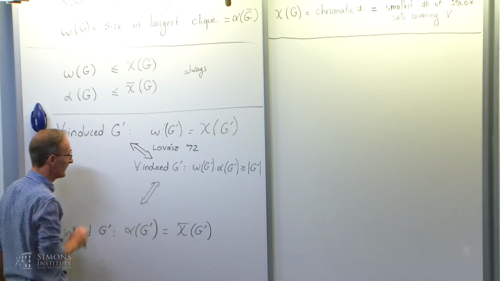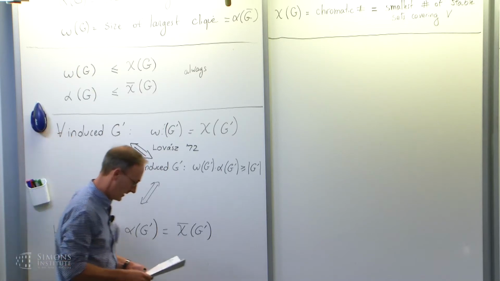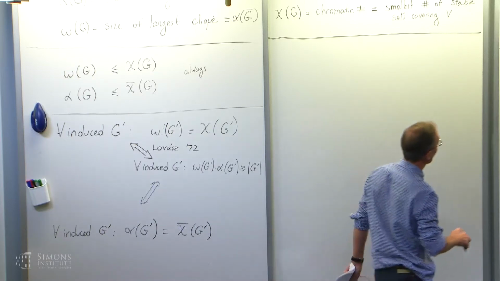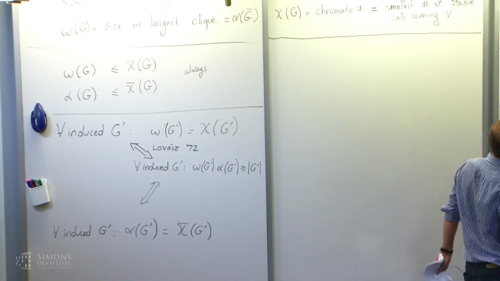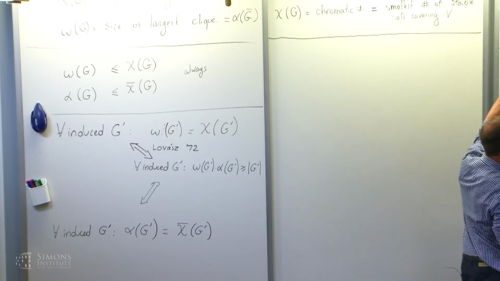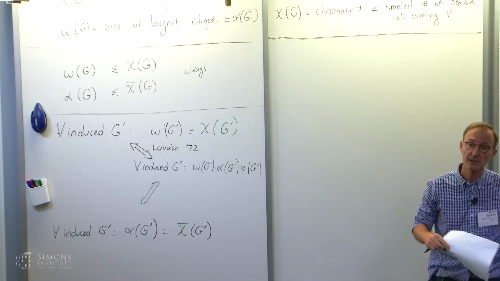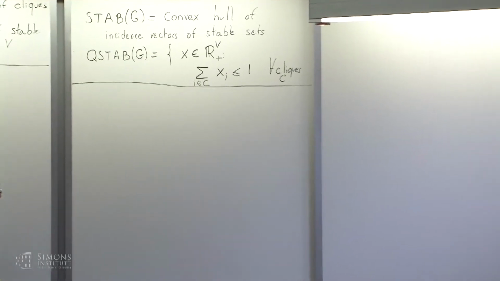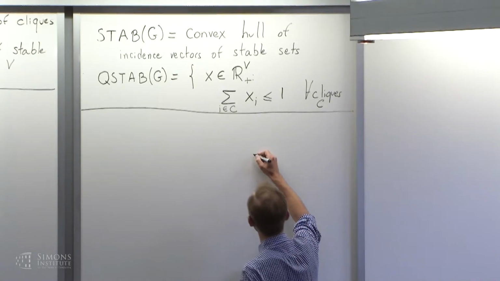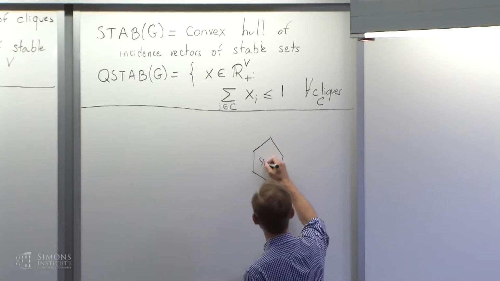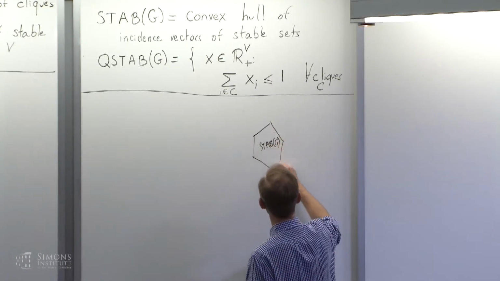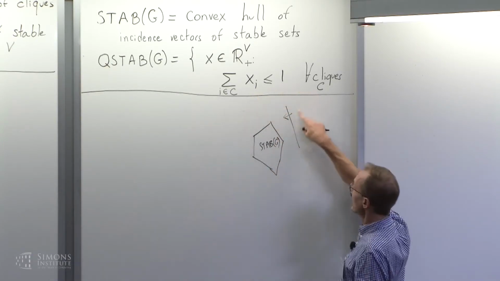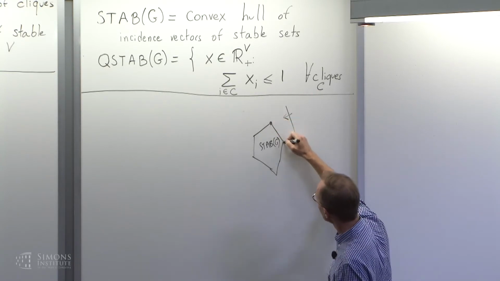Now, yesterday we defined the stable set polytope as stab of G, and we said it's just the convex hull of all incidence vectors of stable sets. And then in particular, if this is stab of G, the following inequalities must be satisfied by every stable set.